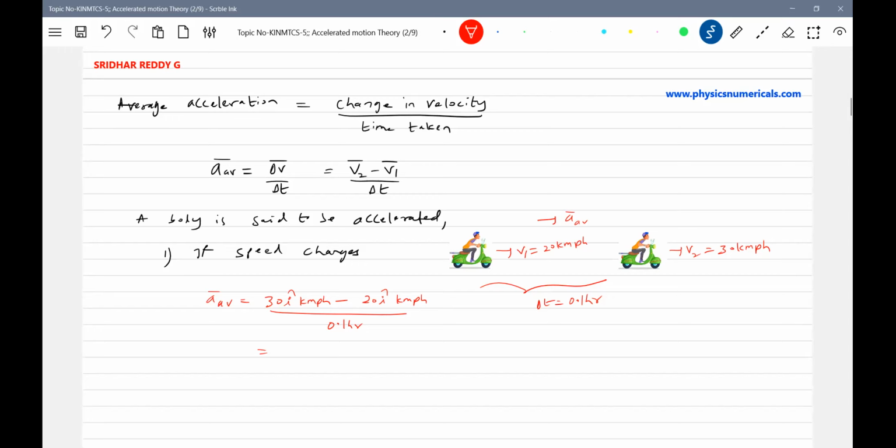So 30 minus 20 is 10, and this becomes 100 kilometer per hour square.